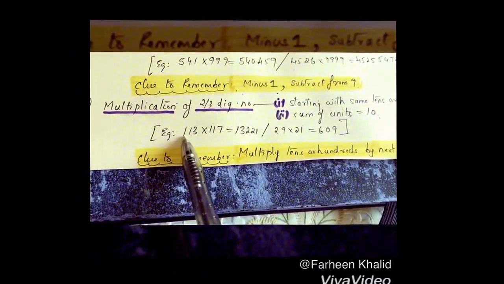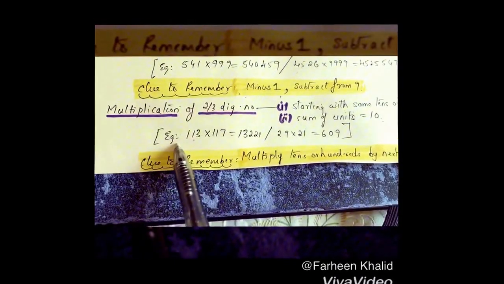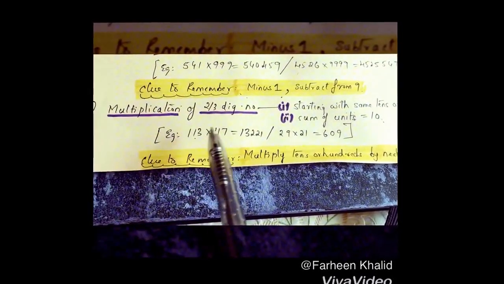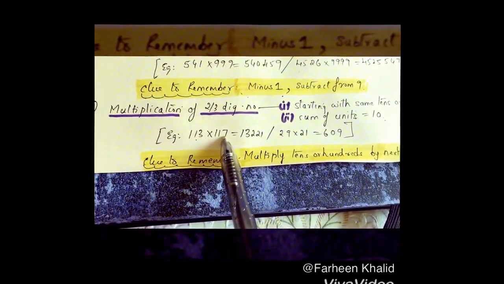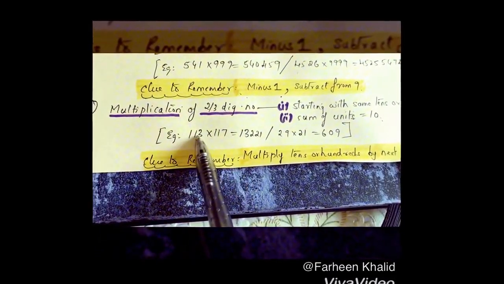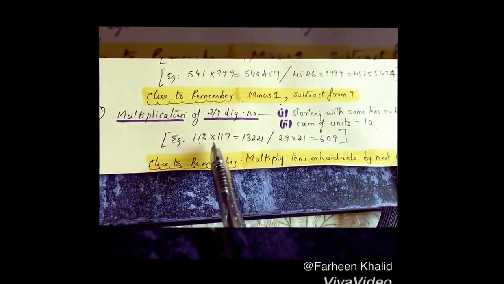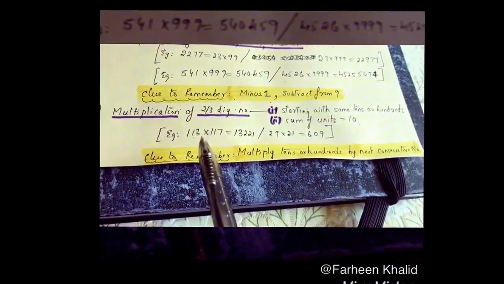So in this case, the tens and the hundreds is 11, and here also it is 11, and the sum of the units, which is 7 and 3, is 10. Okay, so when you have such a number, then you have an easy way to find your answer.